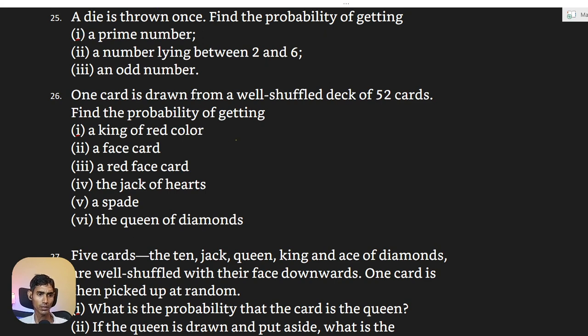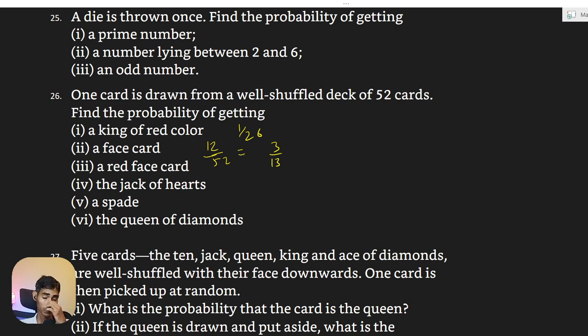What next? Shrita? 3 by 13. 12 by 52, so 3 by 13. Next, anyone else wants to try?